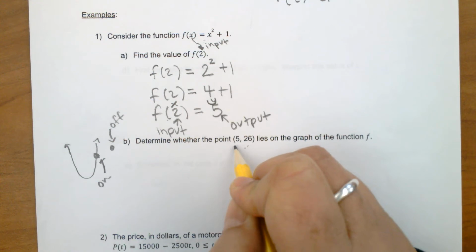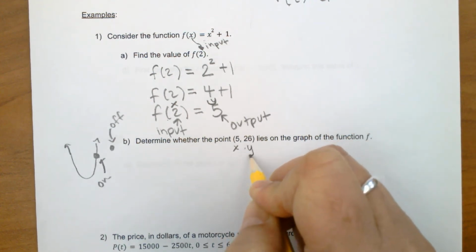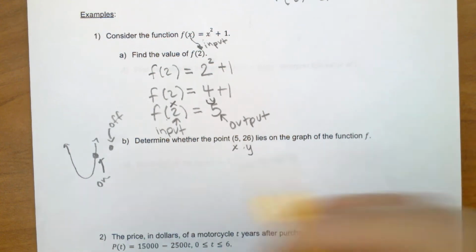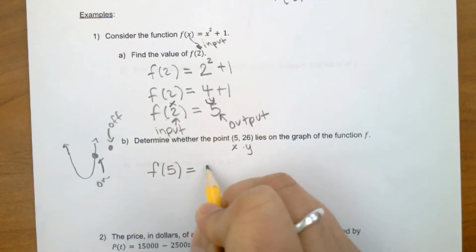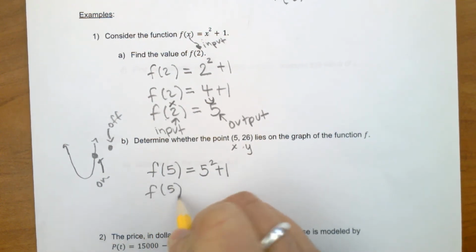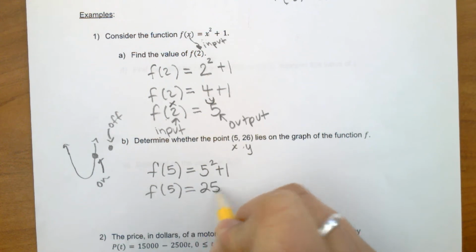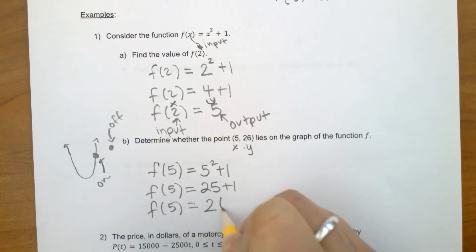All right, how do we do that? Well, we use substitution. We're going to input 5, which is our x, and we're going to see if we get the output of 26. So f of 5 equals 5 squared plus 1. F of 5 equals 5 squared is 25 plus 1. F of 5 equals 26.